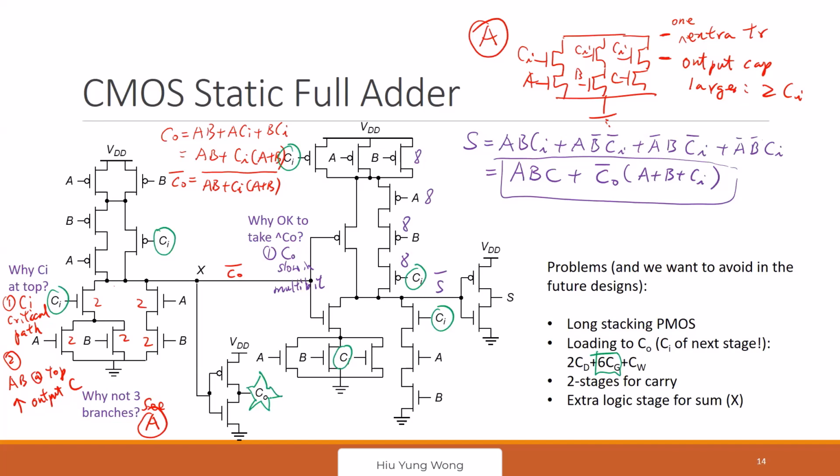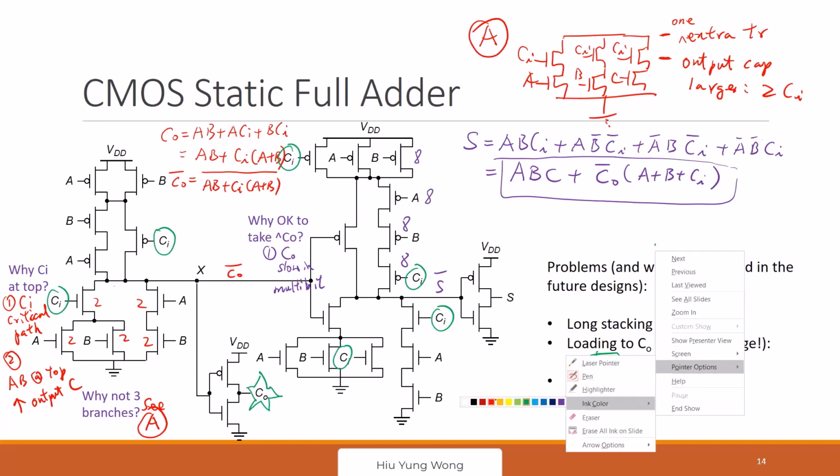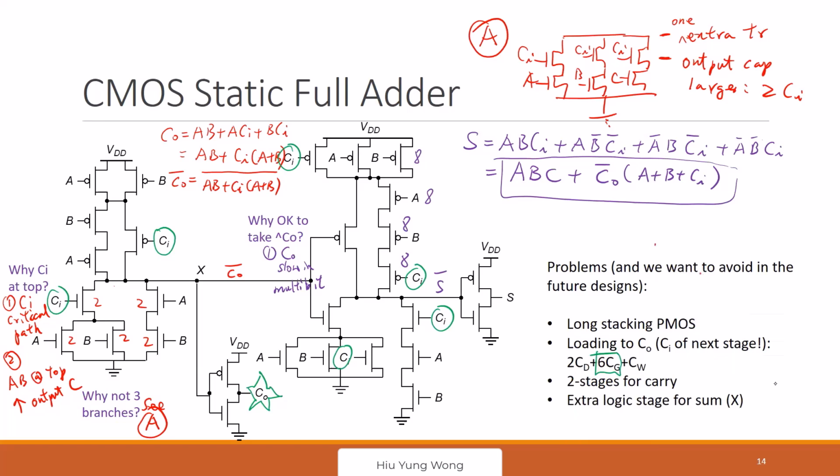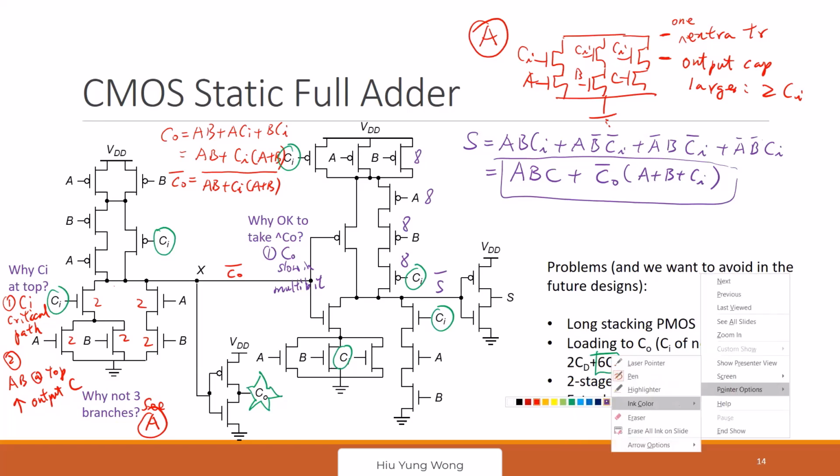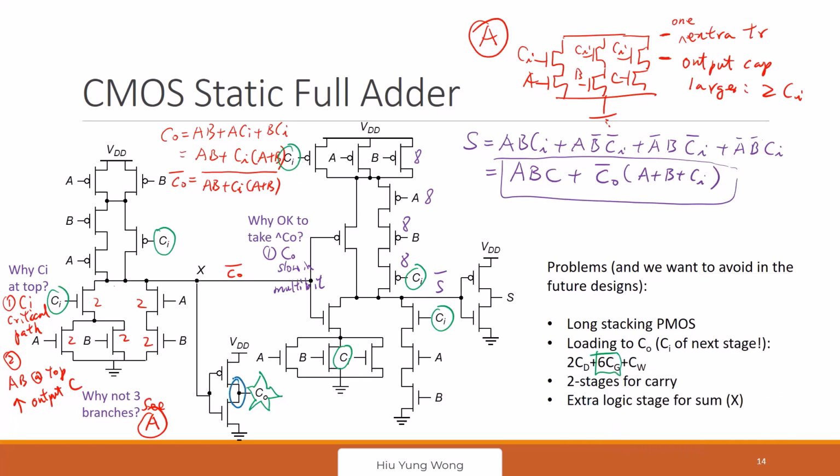It has its own drain capacitance also. Here, 2CD, right? The drain capacitance of the inverter. And then, of course, plus the wire, right? So this is very difficult and very long because this is a critical path, okay?